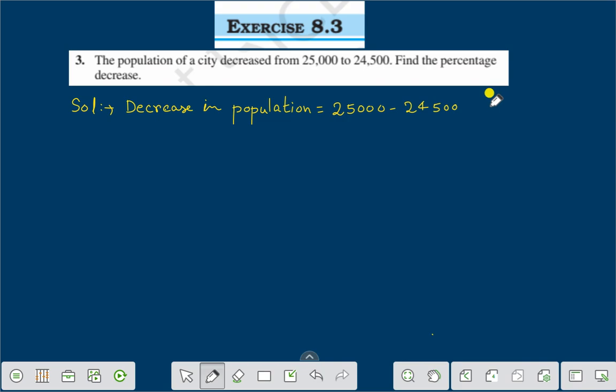You subtract this one, that is 25,000 minus 24,500, we are getting 500. The decrease in population is equal to 500.